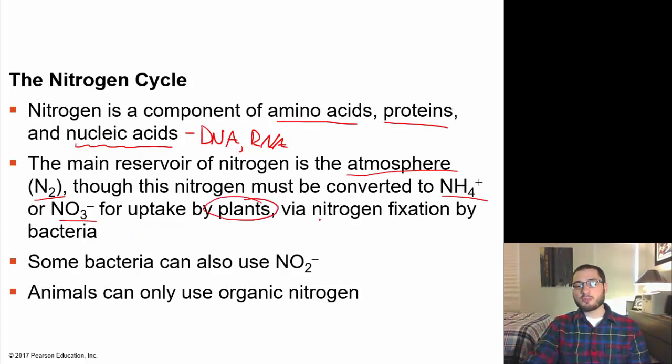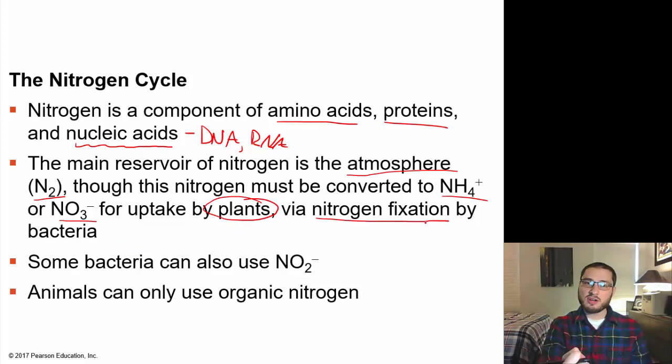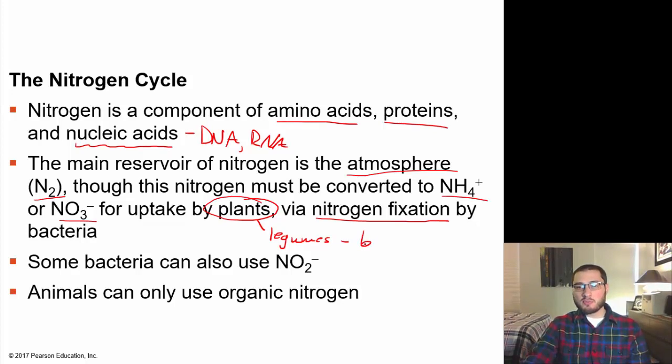This happens via a process called nitrogen fixation. The nitrogen must be fixed. It must be taken out of the air and put into this form of NH4 or NO3, right? We have to create ammonia in order for us to get nitrogen. So you're going to have certain plants, I think I've said this before, like legumes, that have these bacterial nodules.